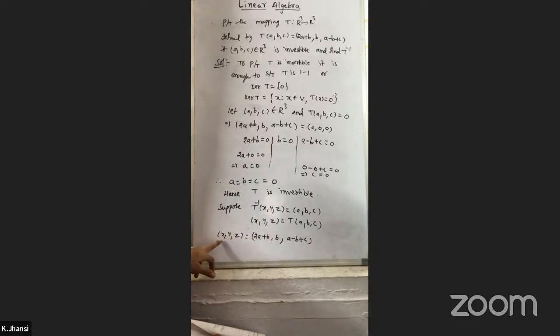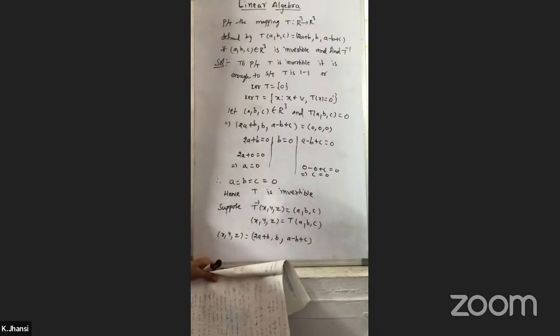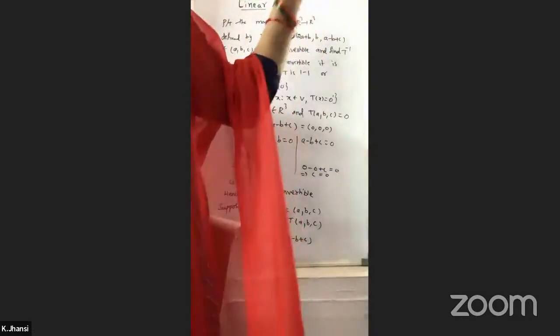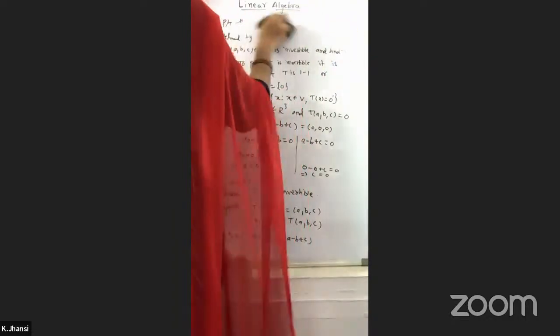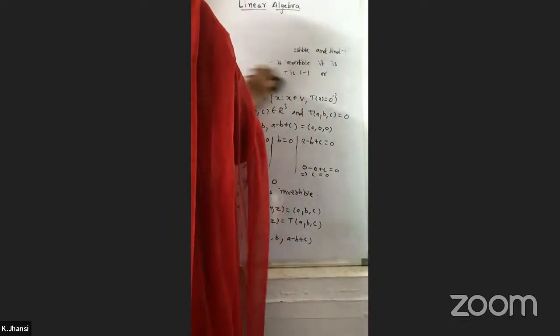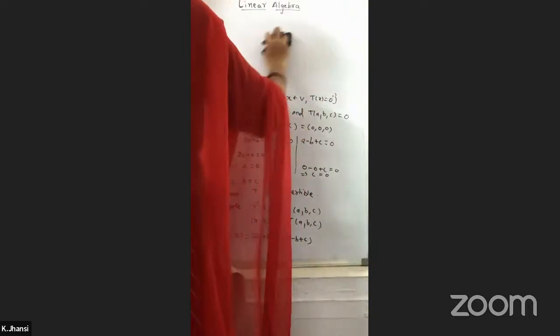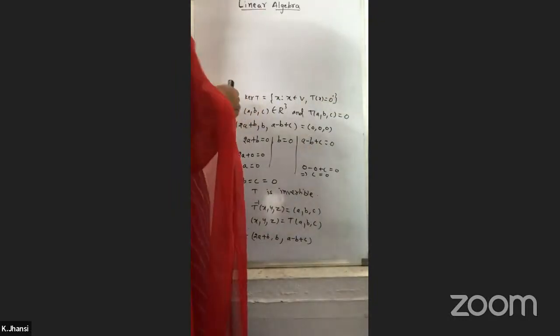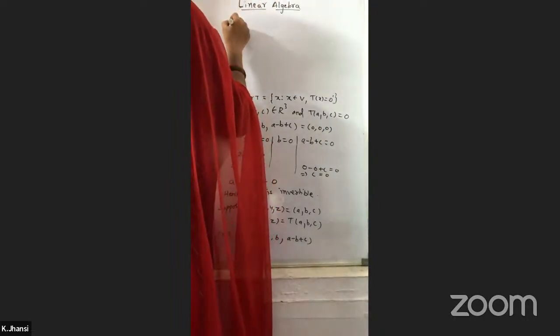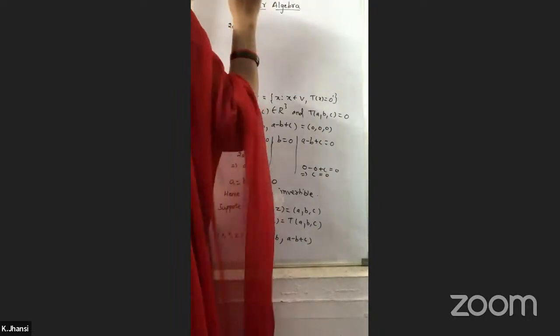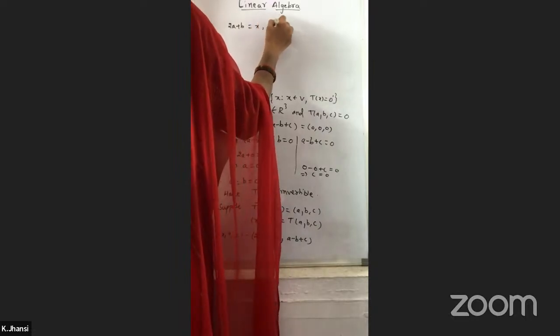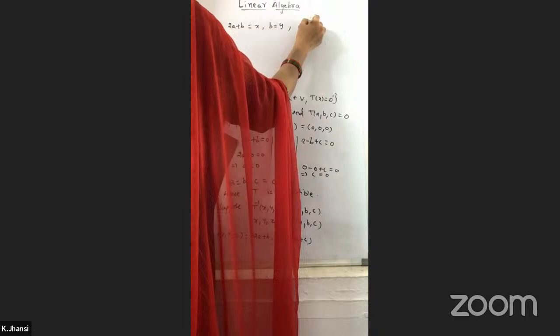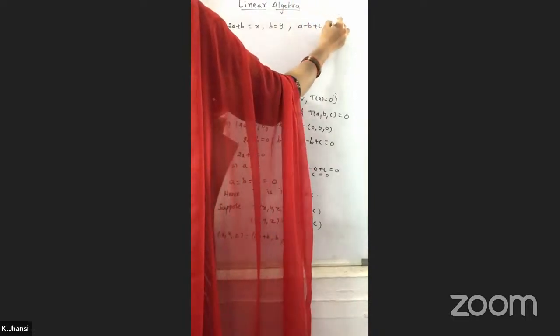So 2A plus B equals X, B equals Y, and lastly A minus B plus C equals Z. So when you equate the terms, you will get 2a plus b is equal to x, then b is equal to y, a minus b plus c equals z.